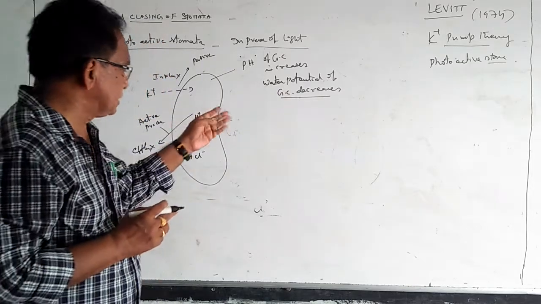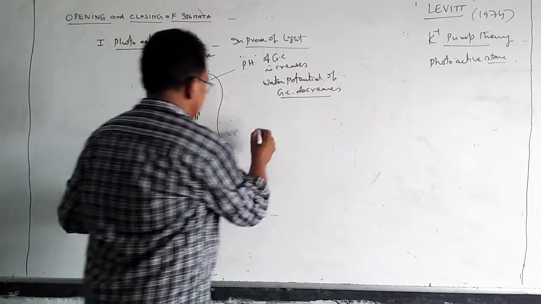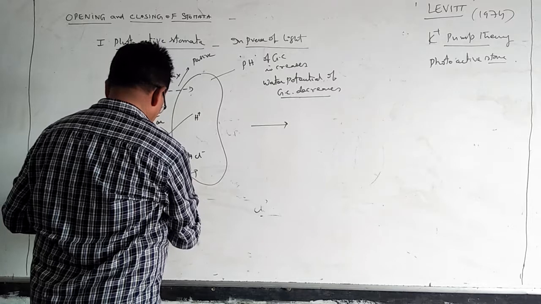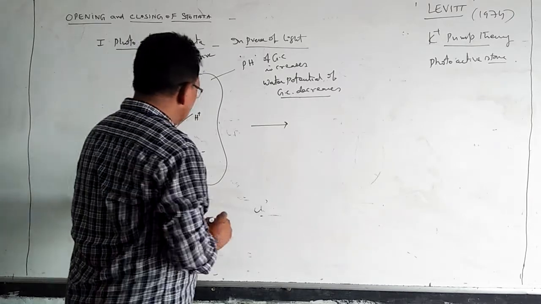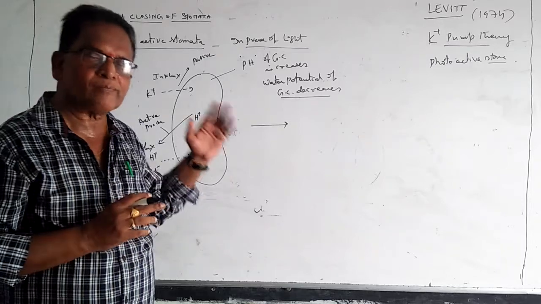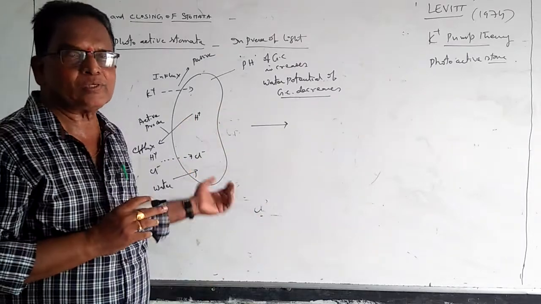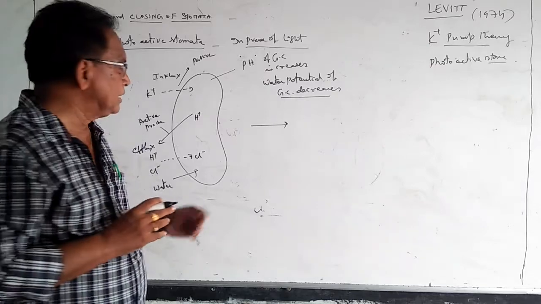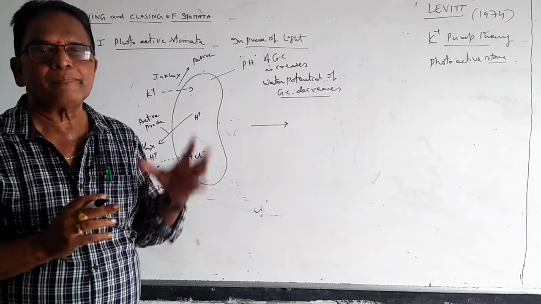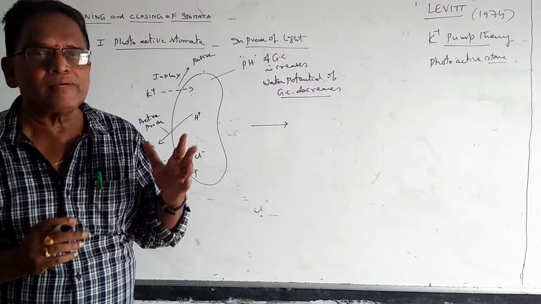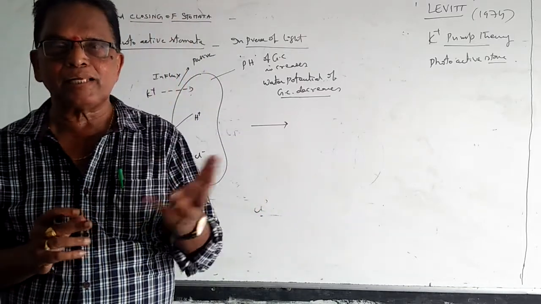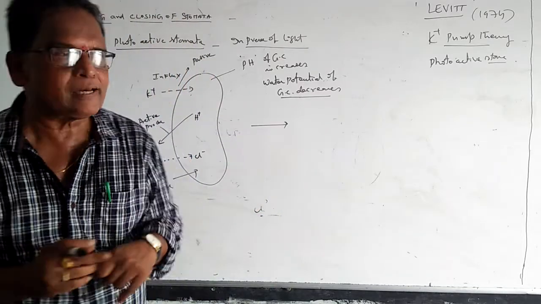As a result of this decrease in the water potential, water from the subsidiary cells enters into the guard cells, and as a result of this endosmosis, the guard cells become swollen.